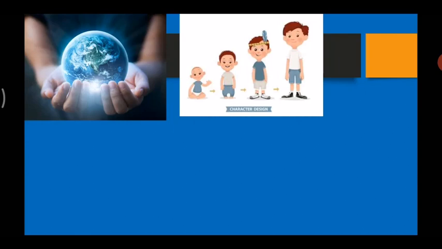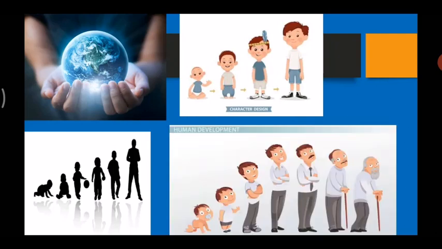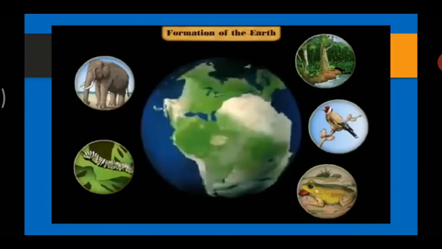You can see the difference by looking at your childhood photos. By looking at when you were small, you can see those differences now. The same is the case with the earth. The changes that take place in man are mental and physical. However, the changes occurring in the earth are due to the geographical conditions and the biological processes.